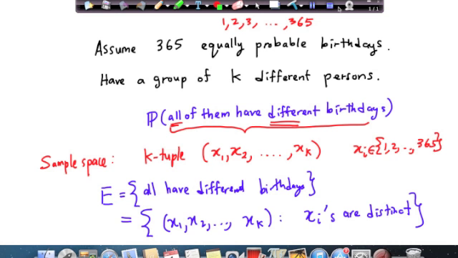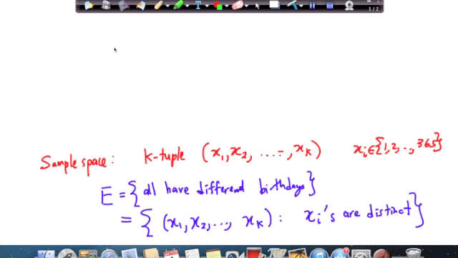Now let us calculate the size of the sample space and the size of E respectively. If we denote the sample space by S, then the size of S can be calculated as follows. We can first count the number of ways that we can choose x1 from the set 1 up to 365.